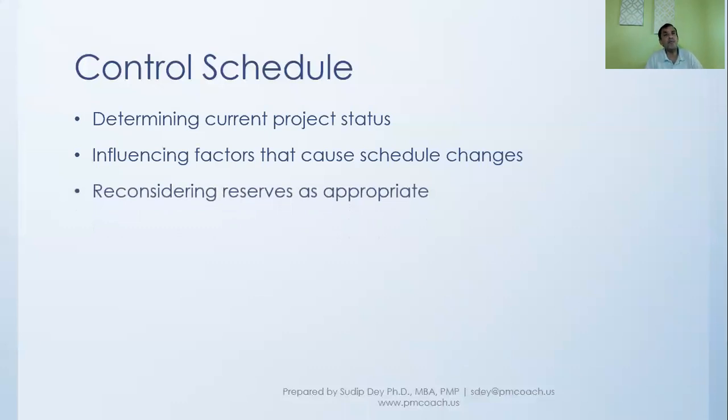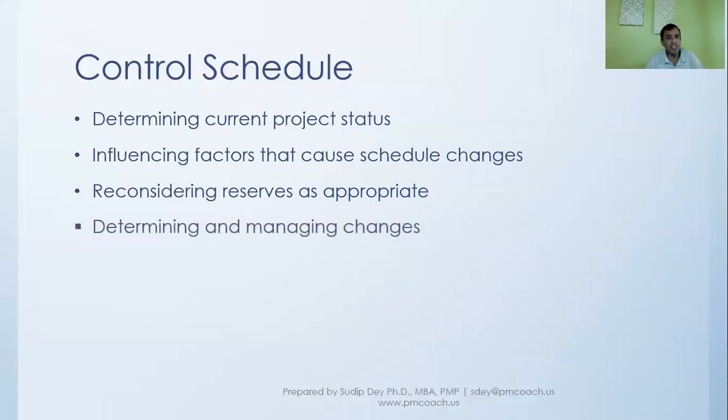And if something unexpected has happened, for which, of course, we have kept some reserves. Remember, we talked about contingency reserves for known unknowns, and if some risk surfaces, risk gets triggered, we need to apply those reserves in the schedule.